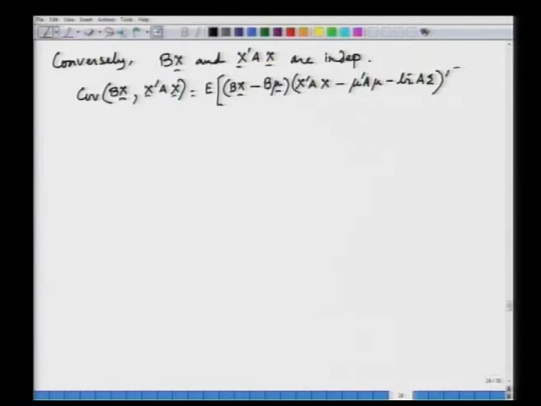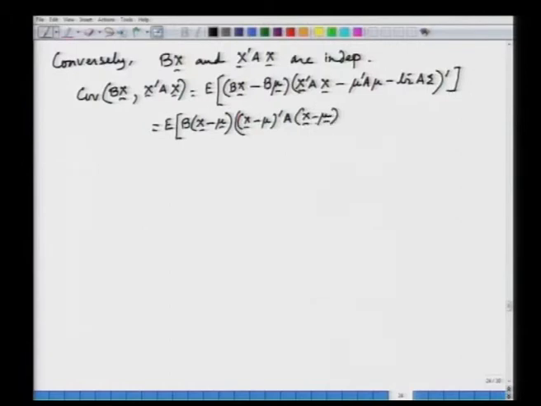So, now B comes out, and we have B with x minus mu. Just like we have this location shift here, we try to do the same thing in the other part also, so that now I write it forcibly as x minus mu transpose A x minus mu.